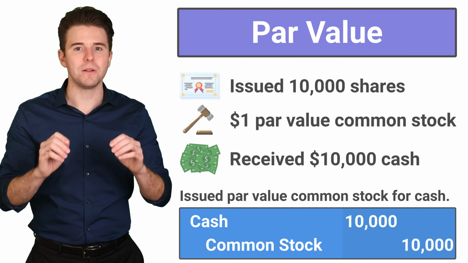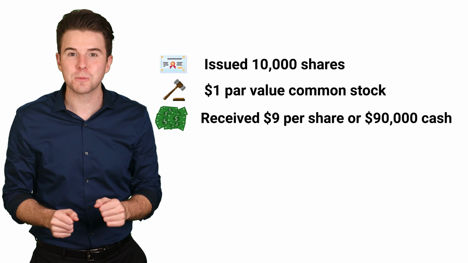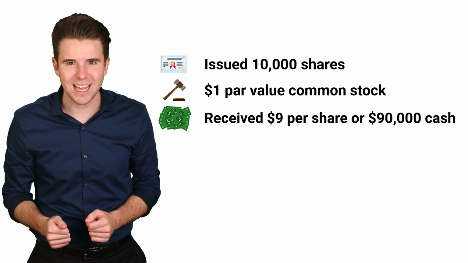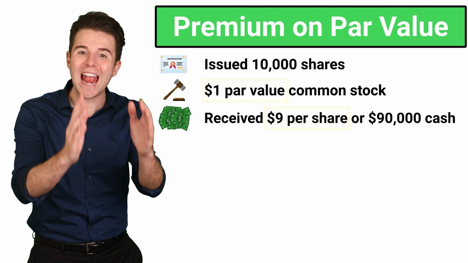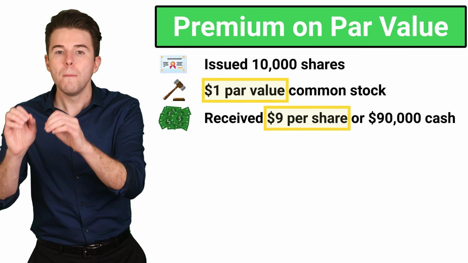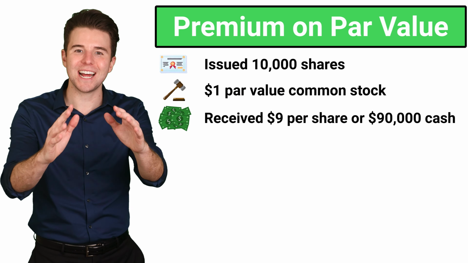Let's do another example. Assume we issue 10,000 shares of $1 par value stock for $9 per share, or $90,000 cash. In this case, we are selling the stock for $8 per share more than the par value, which is called a premium on stock.